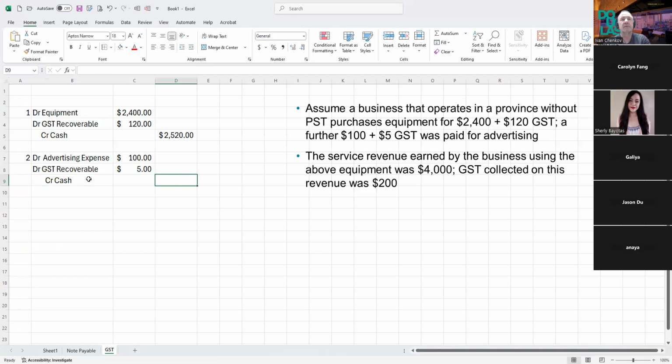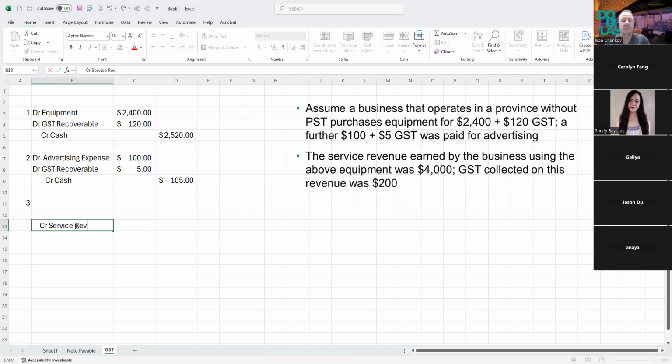Now let's do our sales. Let's get this service revenue. Let's go with service revenue first. Credit, service revenue, and we get 4,000 service revenue.